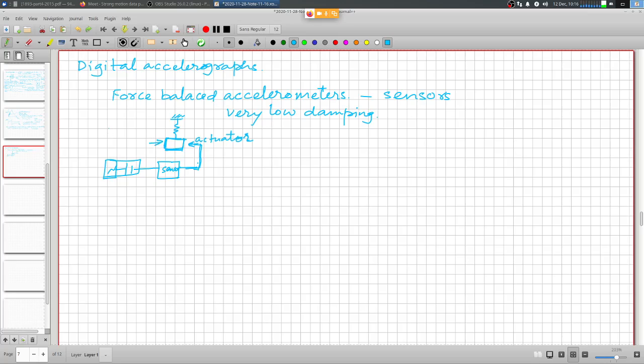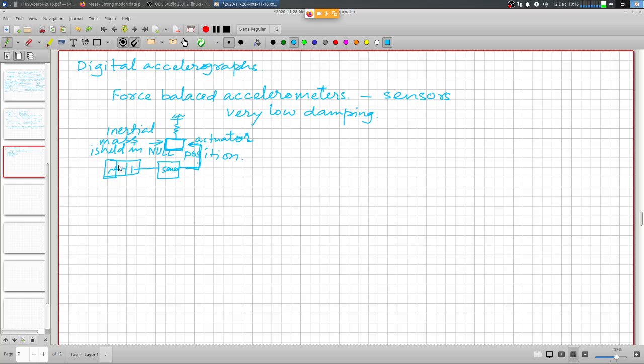So the inertial mass is held in the null position. This is the additional force that is generated by a servo motor.